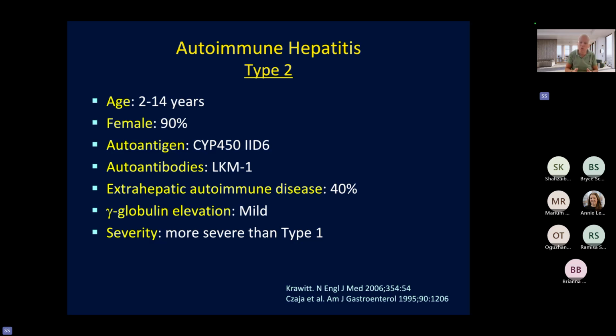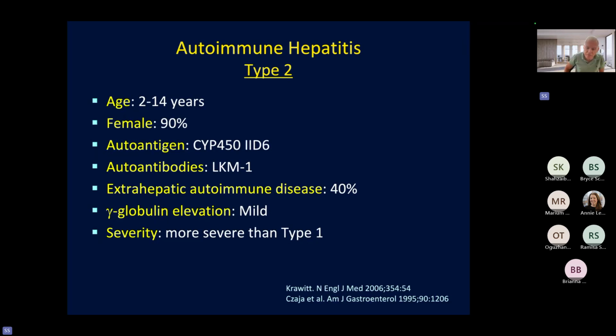So one of the important things for the fellows that you have to know is that you can differentiate type 1 from type 2 autoimmune hepatitis based on the autoantibodies. Type 2 will be anti-LKM, type 1 will be ANA and anti-smooth muscle.